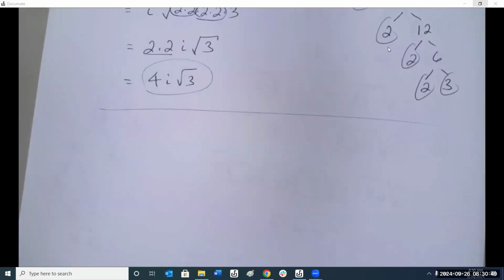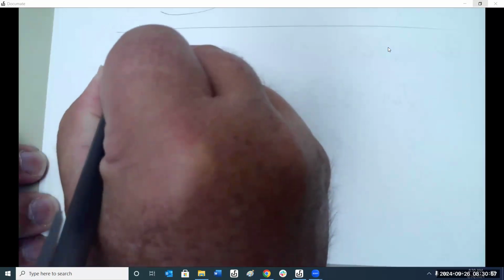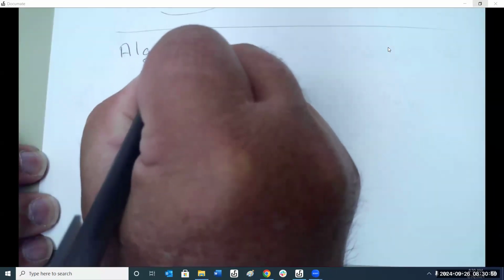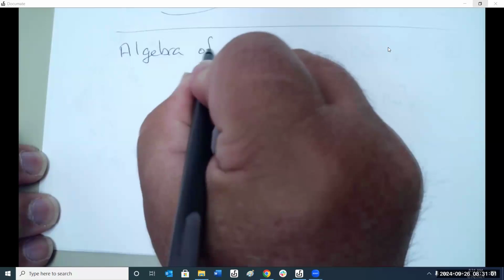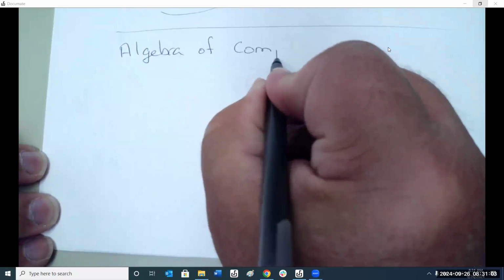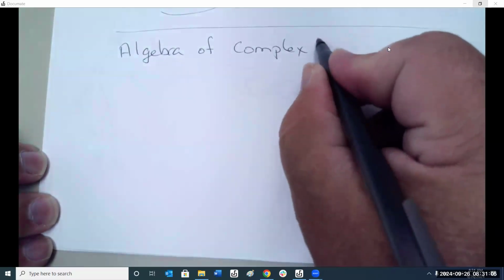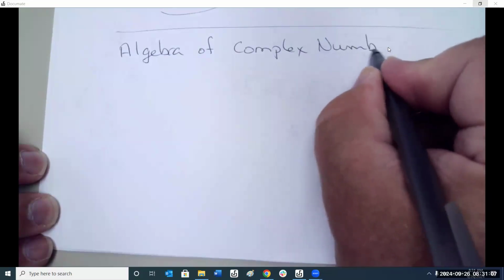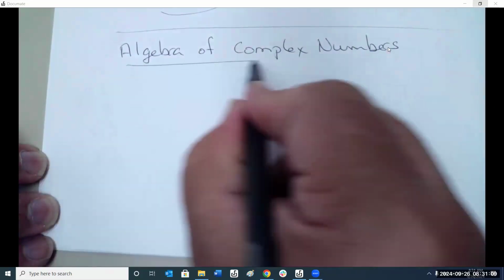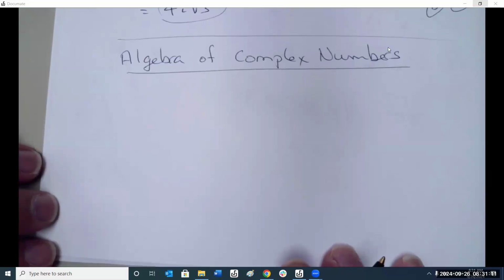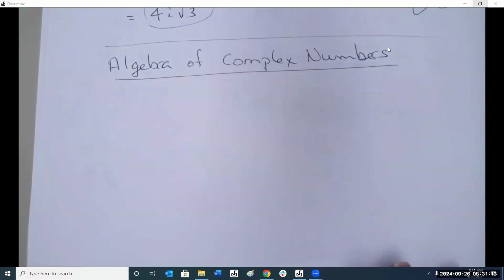All right, so that is the basic conversion of what we have here. We can now talk about the algebra of complex numbers. What does algebra refer to?